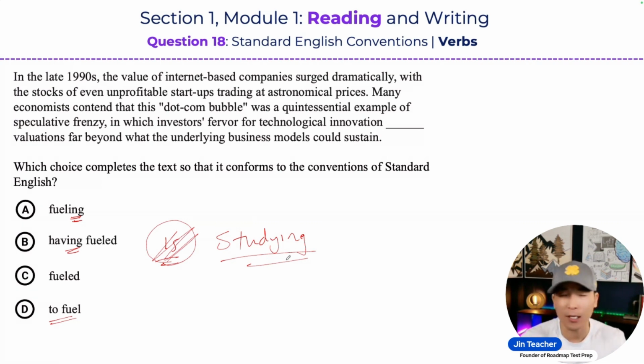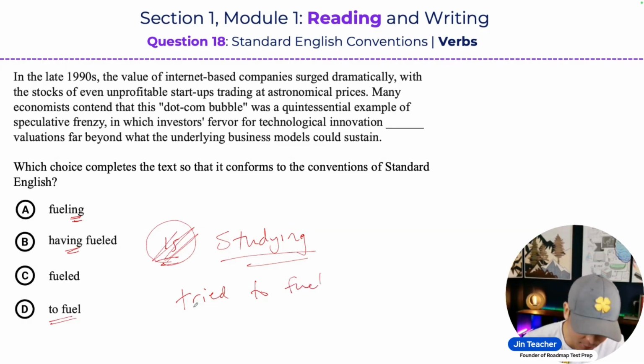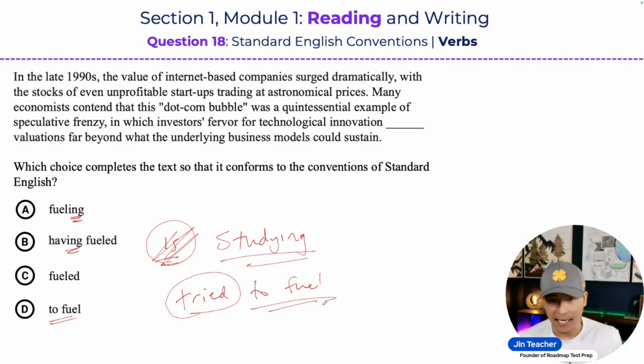They just look like them is all, okay? They only become verbs when they get help from another verb. So now if I said, I tried to fuel, now this becomes a verb because of the verb tried, not because of the word to fuel, okay? You guys are starting to see it, right? You guys can see how verb forms can affect the structure of a sentence.